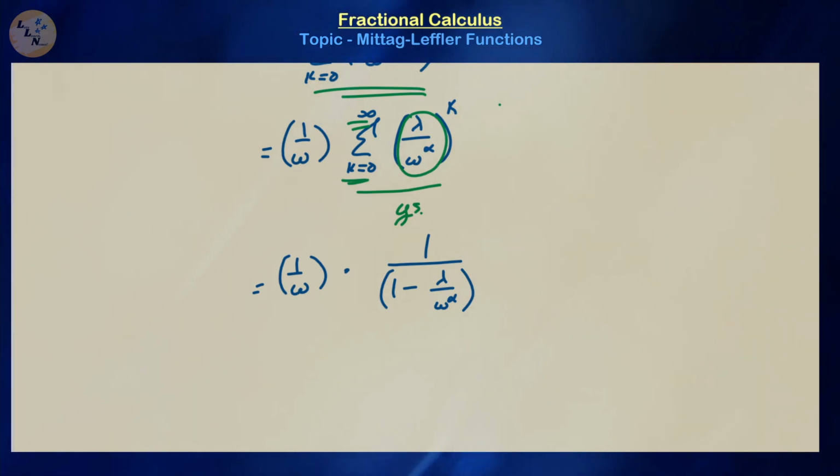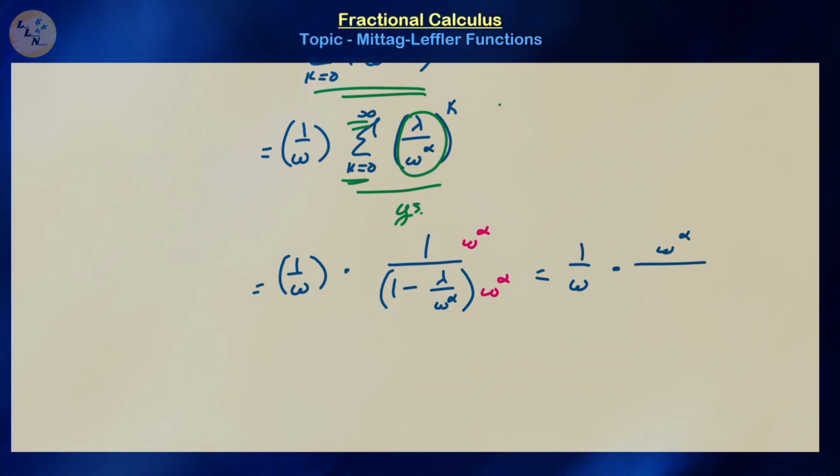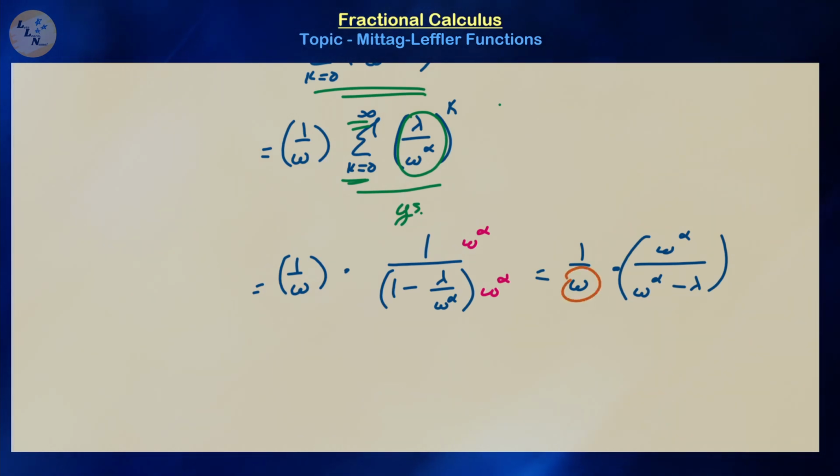Now to get rid of this nasty little fraction, I just multiply top and bottom by omega to the alpha, and that's going to give us 1 divided by omega times omega to the power of alpha all over omega to the power of alpha minus lambda. And I can cancel some omegas there, so I'm just going to be left with omega to the power of alpha minus 1. So that's going to give us what?